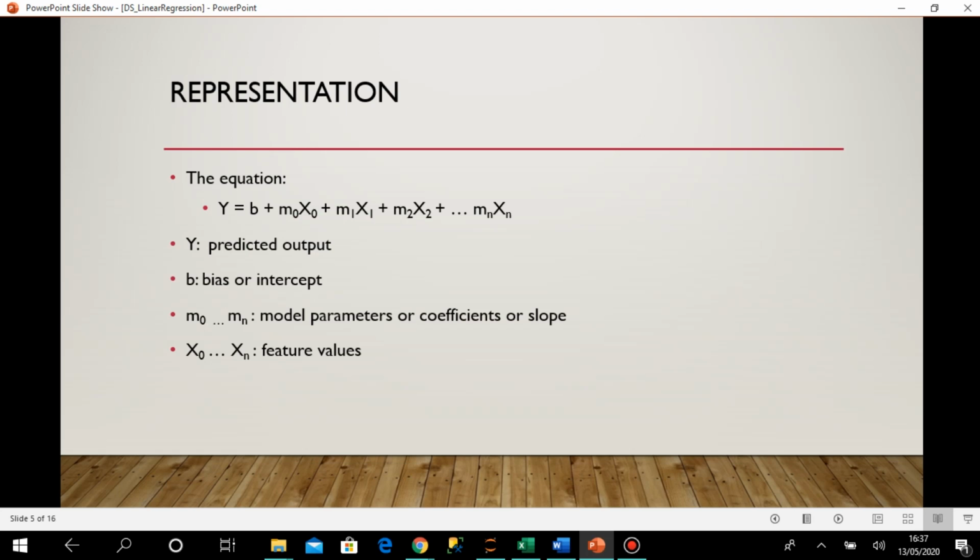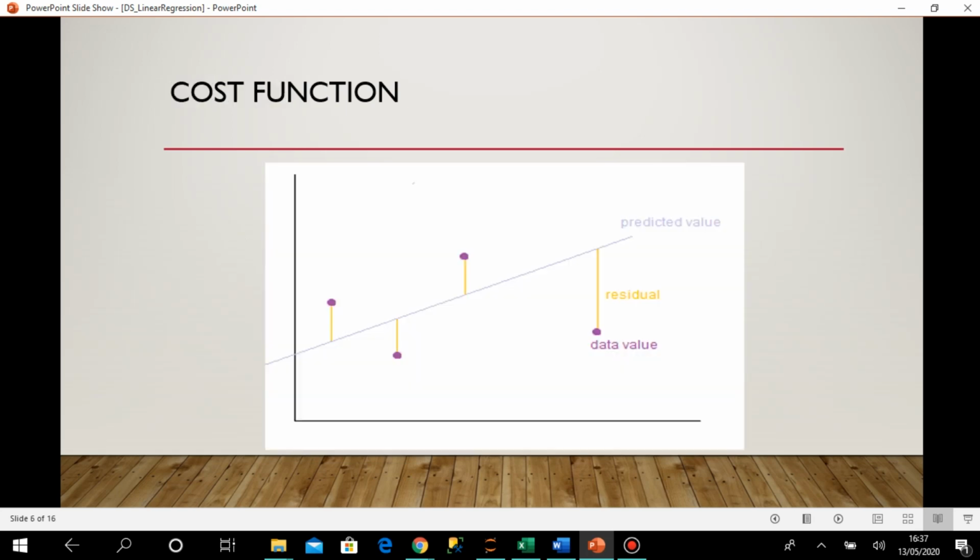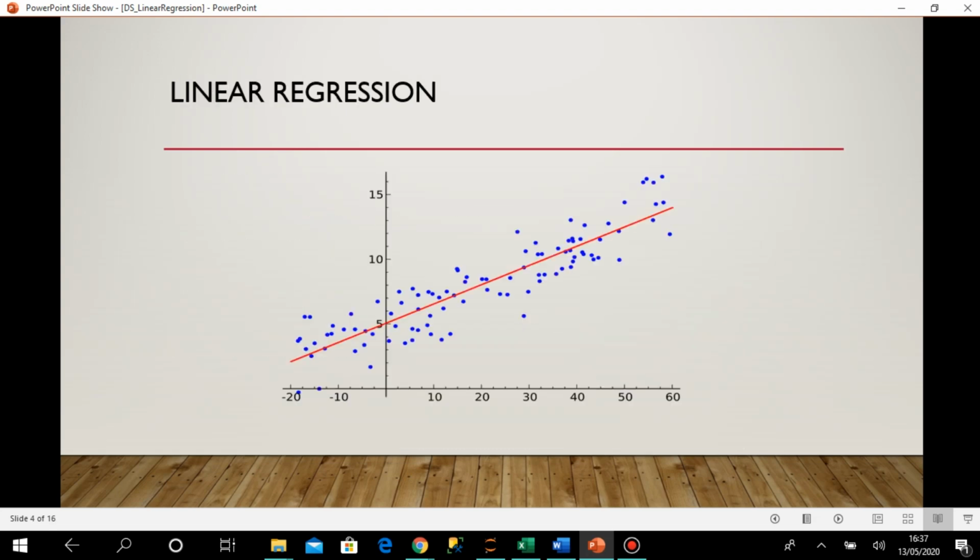Okay, so now as we go back to the diagram again, you can see that if we assume that for a particular value of x, the outcome falls on this red line, then for a particular set of x and y values, I can see that there is some difference, meaning the predicted value is not matching with the actual outcome.